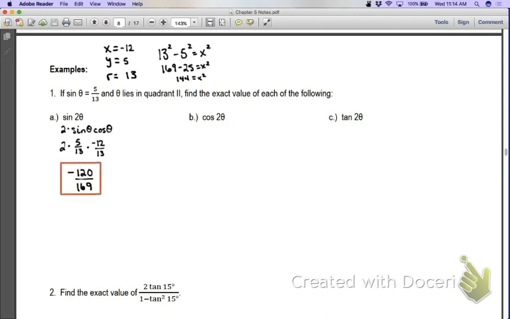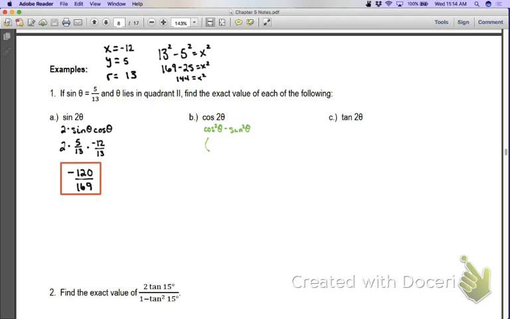Going on then to cosine of 2 theta. Same setup, just different formula. So it's still going to use the same values because we didn't change anything. We're still using the same angle that I had before. So whenever I go with cosine of 2 theta, all I'm going to do is have cosine squared theta minus sine squared theta. So I'm going to take my angle and square it.